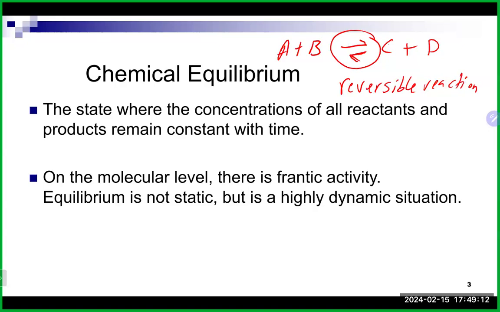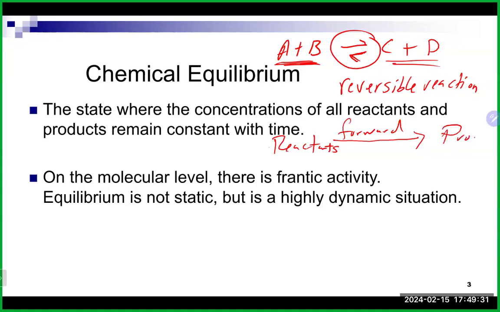And what that means is, when you see those two arrows, there is a forward direction heading from this side of the equation, which is called the reactants, and going towards the products. So as we go from our reactants to our products, that is what's considered the forward part of this reaction.